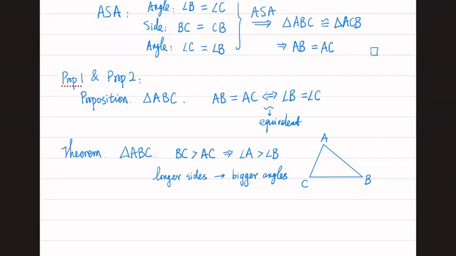Okay, so let's see how we prove this. Why must the angle A be bigger than angle B?